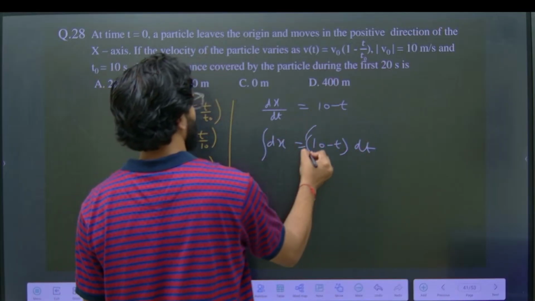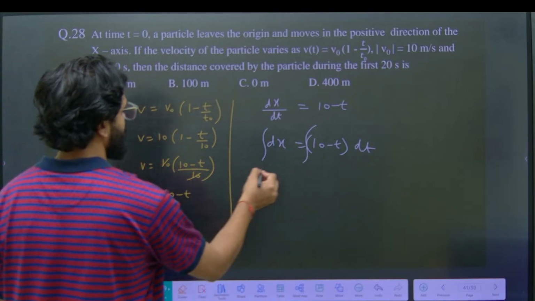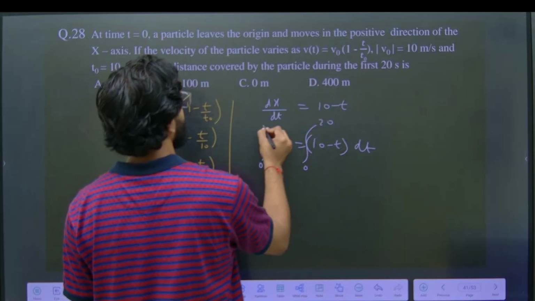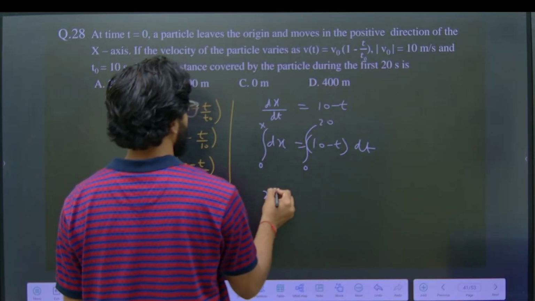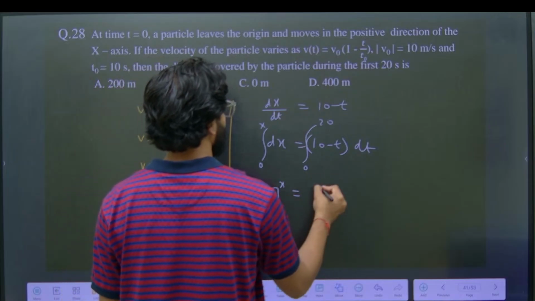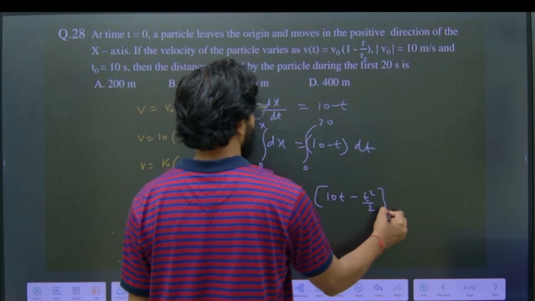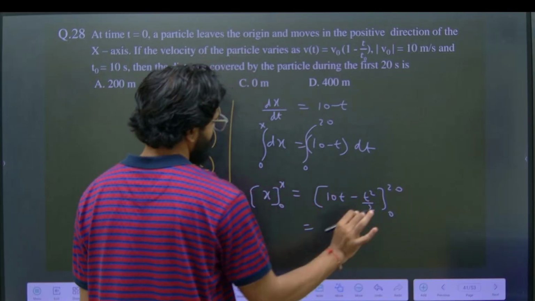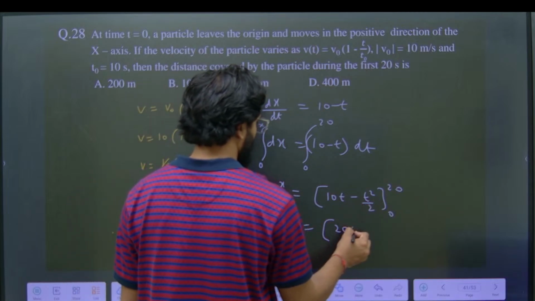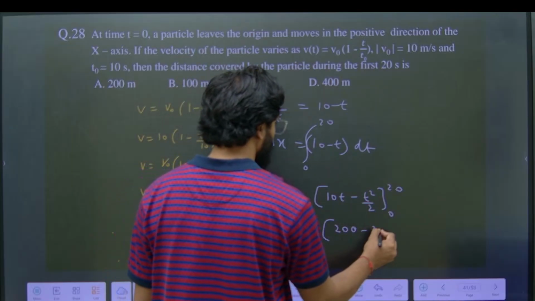From where to where? At t equals 0 you are at the origin, and at t equals 20 seconds they are asking. So the integration is from 0 to x, 10t minus t square by 2 from 0 to 20. At 0 it becomes 0, at 20 it is 200 minus 400 by 2, so 200.